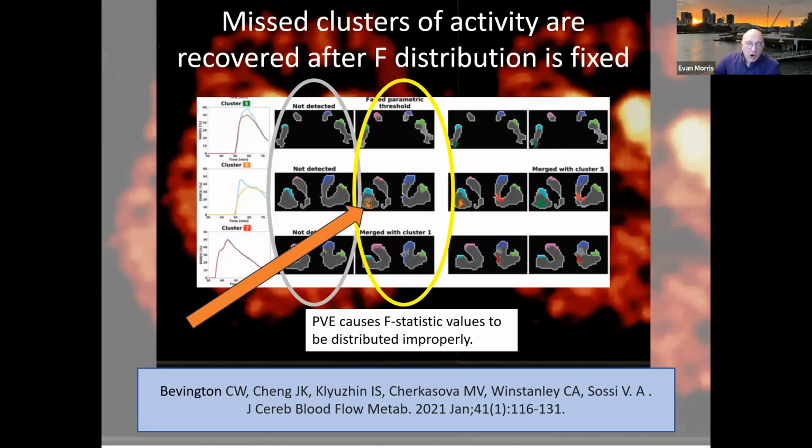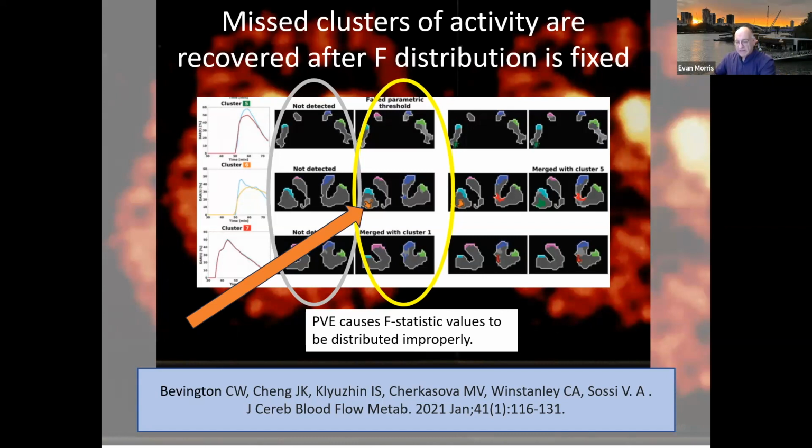So look at the orange arrow pointing to an example of a cluster in orange in the middle row. Once they fixed their F distribution, they fixed their rejection criterion, they were able to detect clusters that we were not previously able to detect with our model LPNT-PET alone.